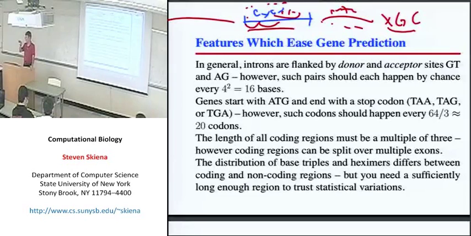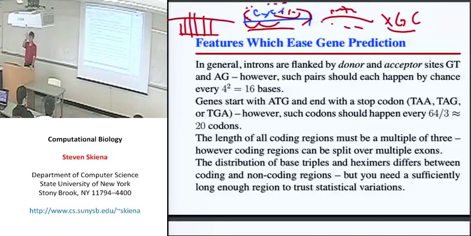Does everybody get that sense? So what we could imagine doing is now build up the frequency for all the triples, let's say within a region that we know corresponds to exons. We have a set of genes that have been found by some method, right?